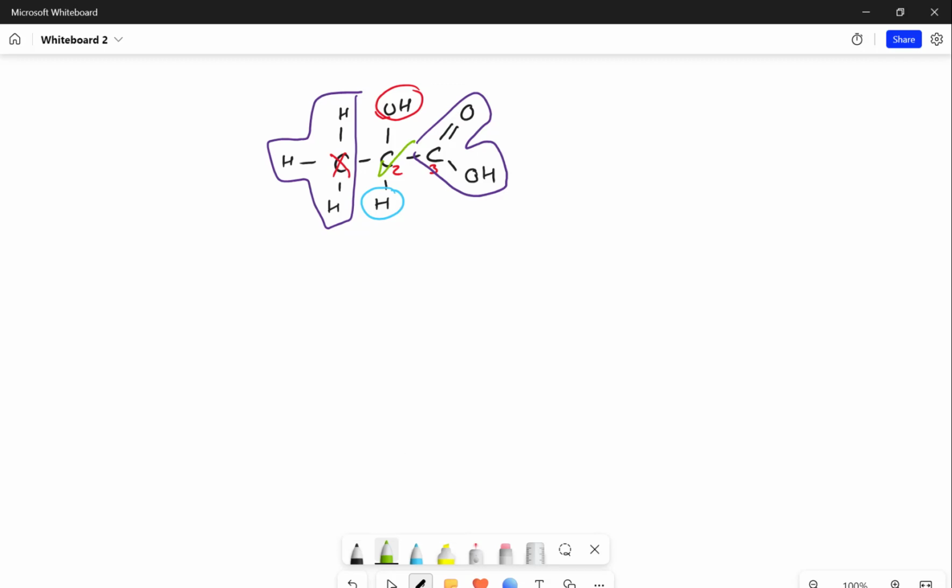Carbon number 3 is a weird one. It's a new one because we have this double bond O that we haven't yet encountered. When you have a carbon double bond O, you treat it as a carbon with 2 single bond O's, and this is only in stereochemistry. So your C double bond O, OH, and we're just going to say CH3, for example. Let's just make one up here.